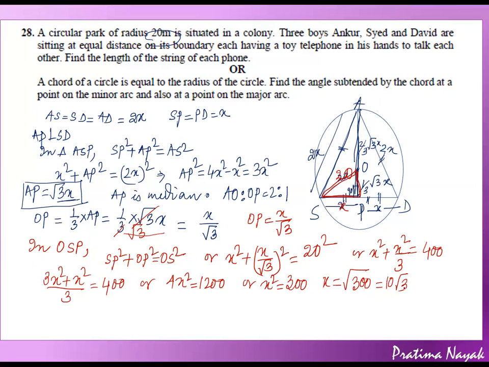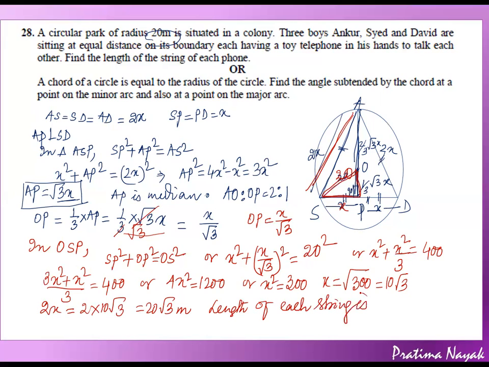So x is equal to 10 root 3, but we need twice x. So twice x is the length of the string. So 2 into 10 root 3, that will be 20 root 3 meter. So the length of each string is 20 root 3 meter.